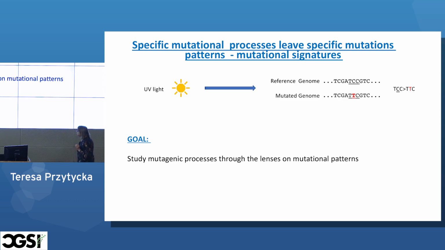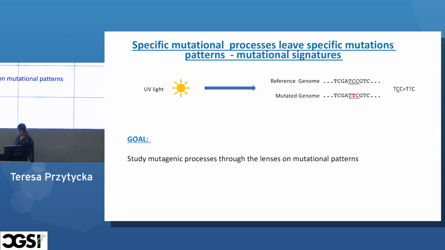For example, UV light is known to mutate C to T, but those C to T mutations are context dependent and rely on the fact that the C is preceded by T. So if the nucleotide before C is T, then that provides a much higher probability for the UV light-induced mutation than C in another context.